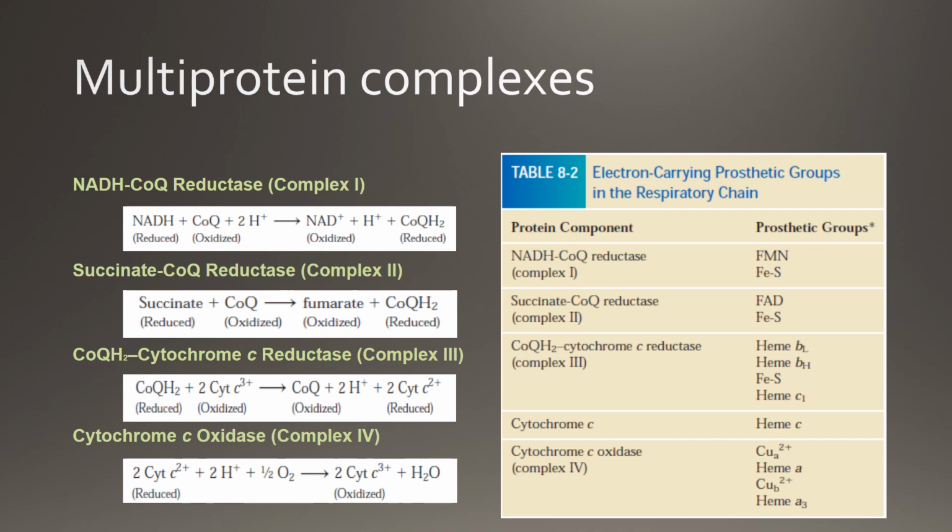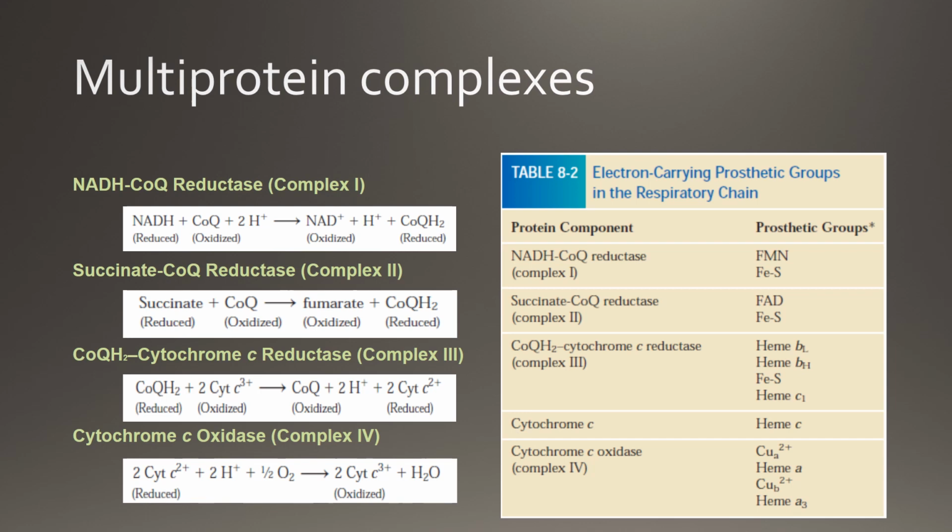Now we come to complex 3. Coenzyme QH2 generated either by complex 1 or complex 2 donates 2 electrons to the coenzyme QH2 cytochrome C reductase complex, regenerating oxidized coenzyme Q. Concomitantly, it releases 2 protons picked up on the cytosolic phase into the intermembrane space, generating part of the proton motive force.